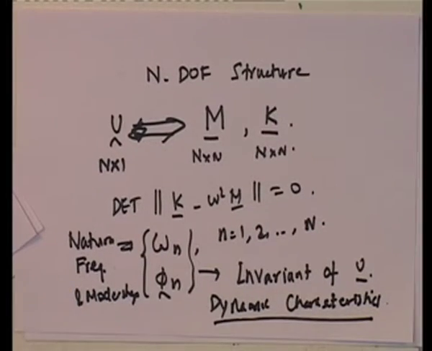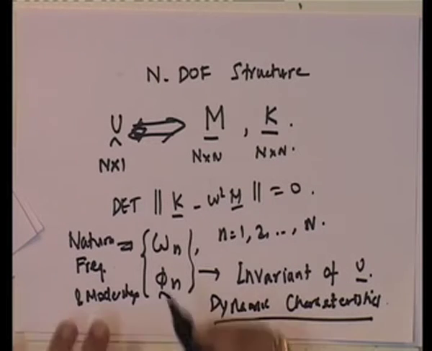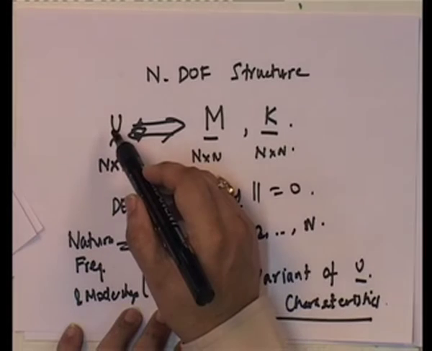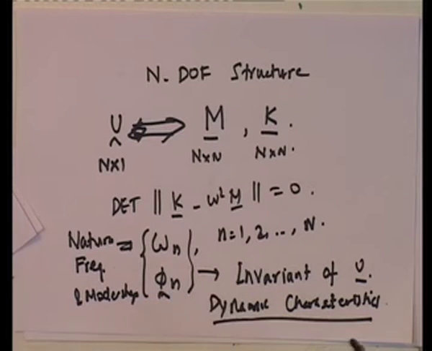So, now the question becomes this, that M and K are dependent on the degrees of freedom that I define. Okay? But the omega n and phi n that I get, the phi n would correspond to the degrees of freedom, but omega n does not. So, the phi n gives a shape, but the mode shape, once it gives that shape, is an invariant. Okay. So, the frequency and mode shapes are invariant of how the degrees of freedom are defined.